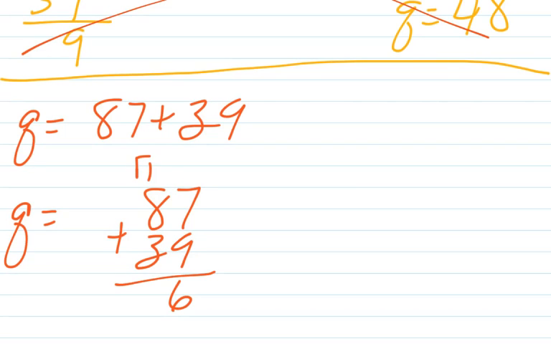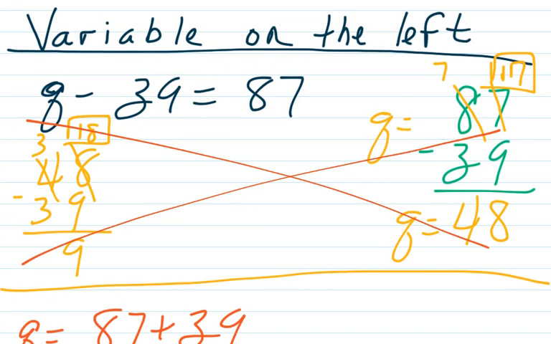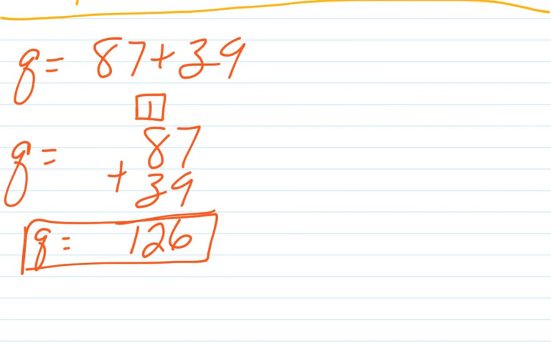Regroup, 1, 6, 1 to 10. Then 8, 9, 10, 11, 12, so 126. So Q equals 126. Now I'm going to substitute 126 for Q, and then I'm going to subtract it. So 126 minus 39.